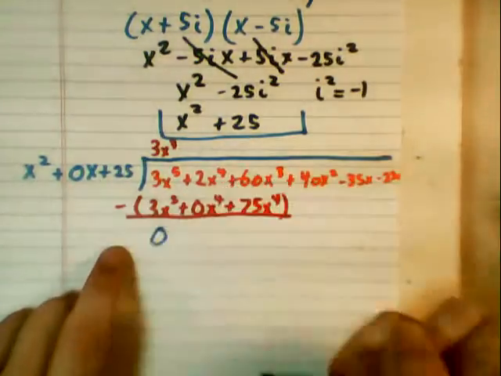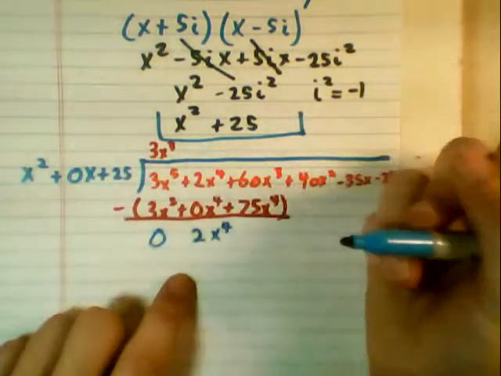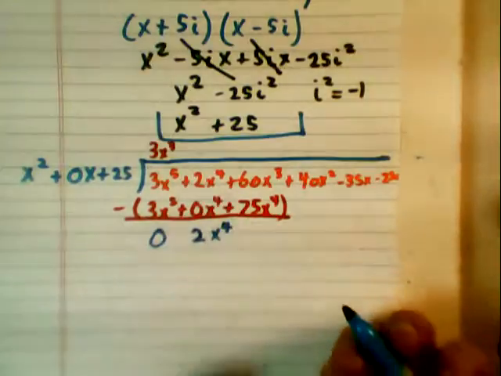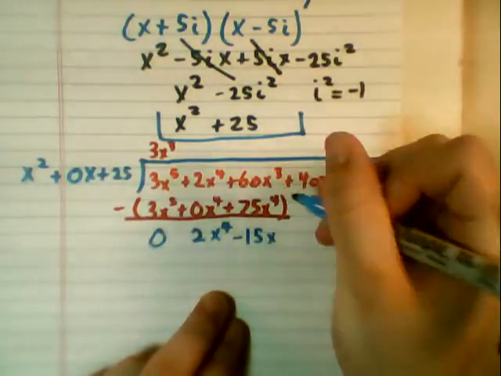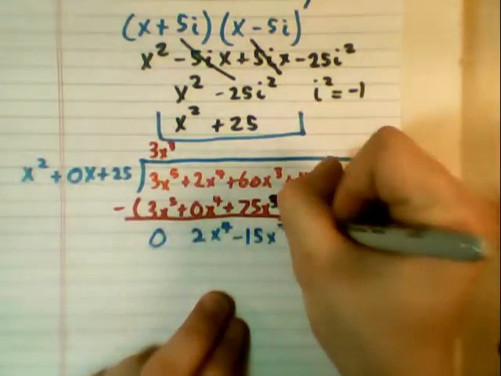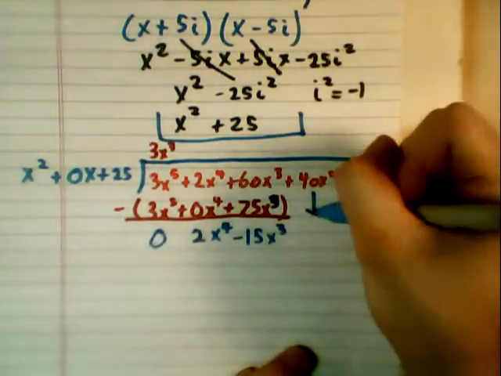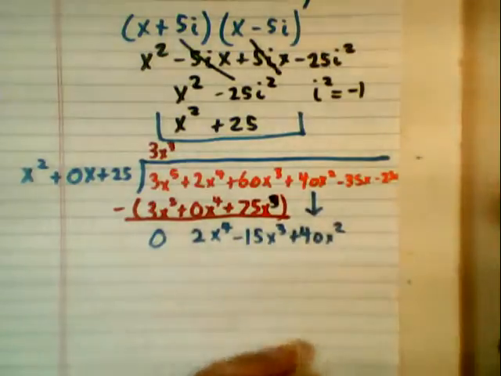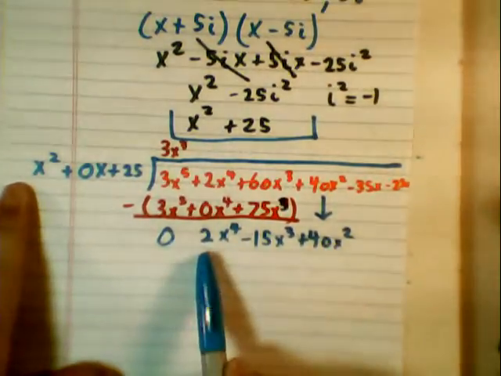We get 0 here. We get 2x to the 4th still. That stays the same. And then 60 minus 75, we get negative 15x to the 3rd. Okay. So now let's bring down our 40x squared and add it to that. And let's see what times this gets us 2x to the 4th.